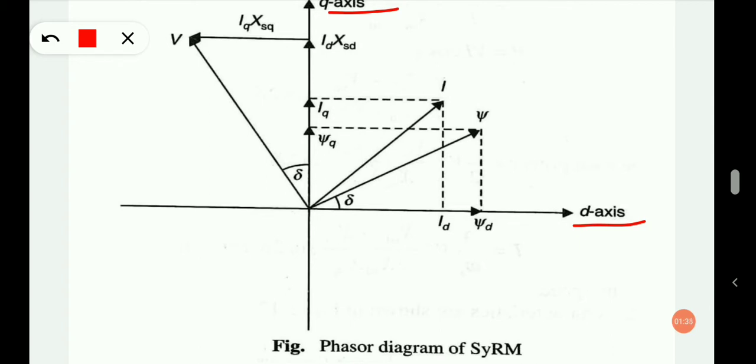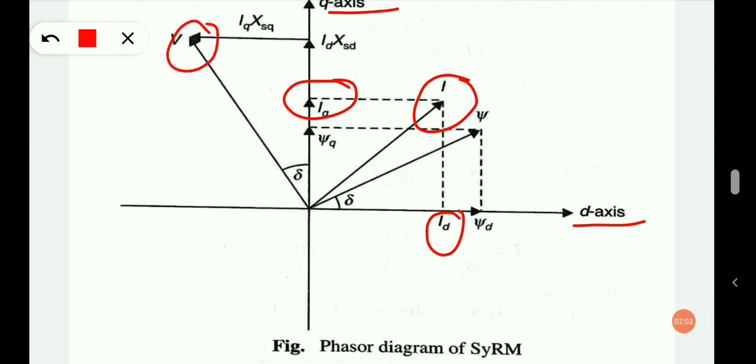In the previous phasor diagram session, you have seen the phasor diagram of synchronous reluctance motor. In that diagram, the direct axis component and quadrature axis component of armature current are shown and the resultant current is also shown, as well as the voltage phasor.